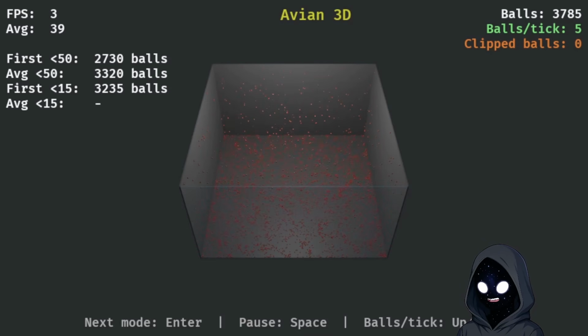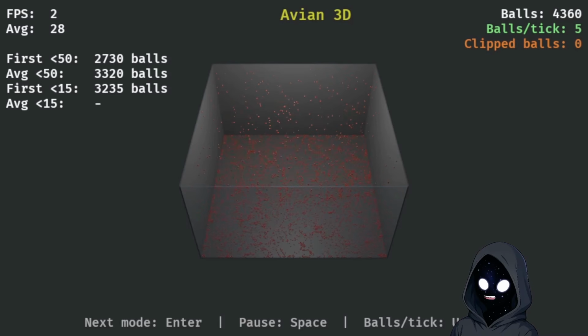Alright, good. Also the 3D version of Avian gives up rather soon, back in Avian 0.3 and Bevy 0.16. Let's go on.